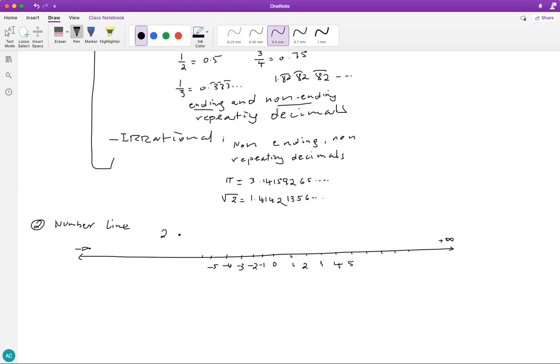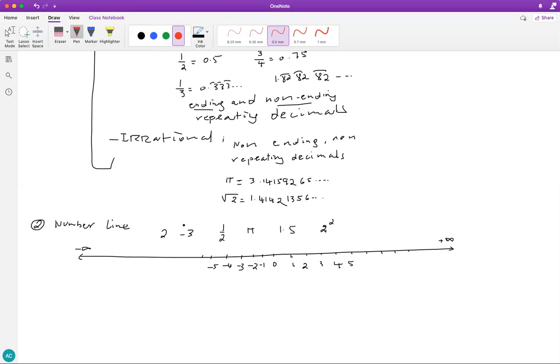Let's put a few numbers here: 2, -3, 1/2, pi, and basically any number of any sort you can think of, 1.5, maybe 2 to the second. So any real number in any of these forms can be placed on this number line.